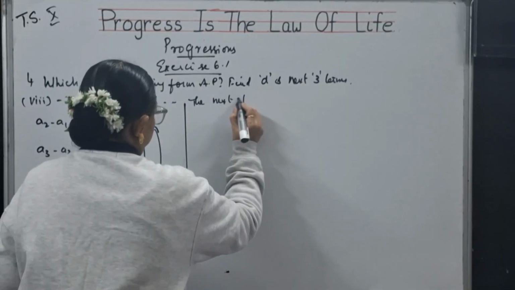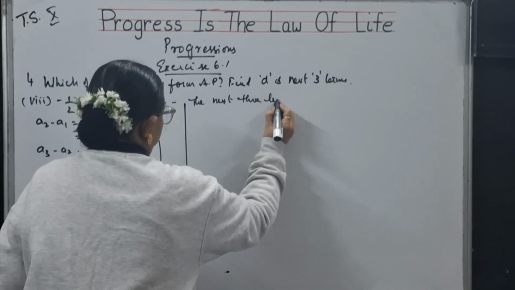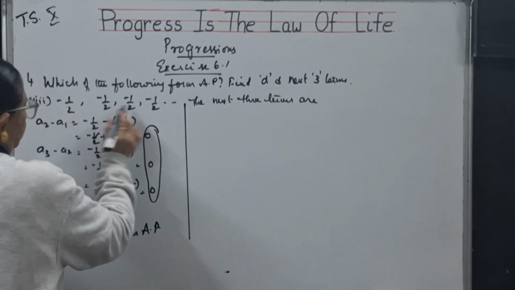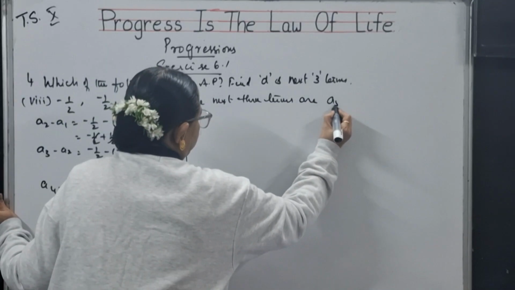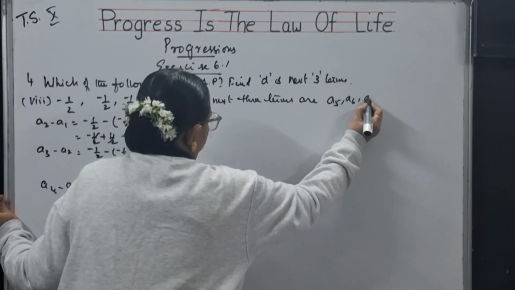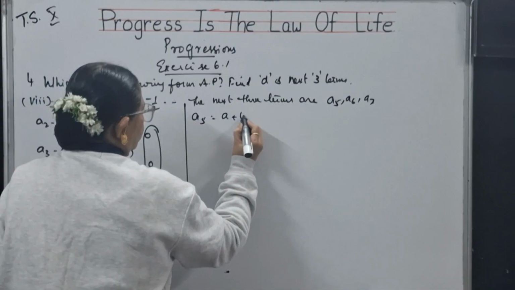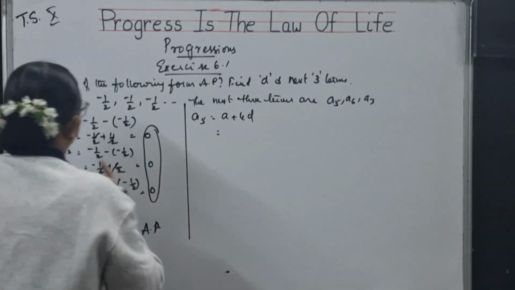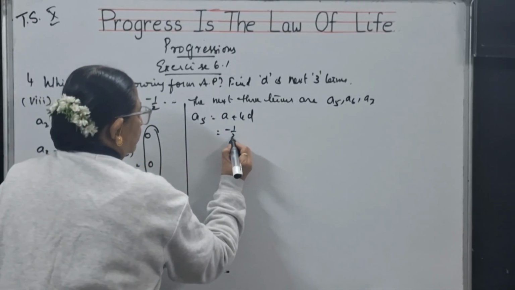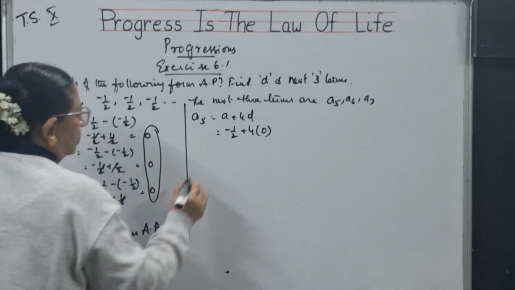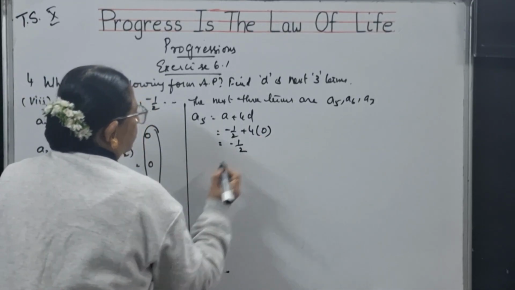The next three terms, what are they? 1, 2, 3, 4. So we'll be writing A5, A6, A7. So what is A5? A plus 4D. A is how much? Minus 1 by 2, plus 4 into D is 0. We have got D value as 0. So it is minus 1 by 2.